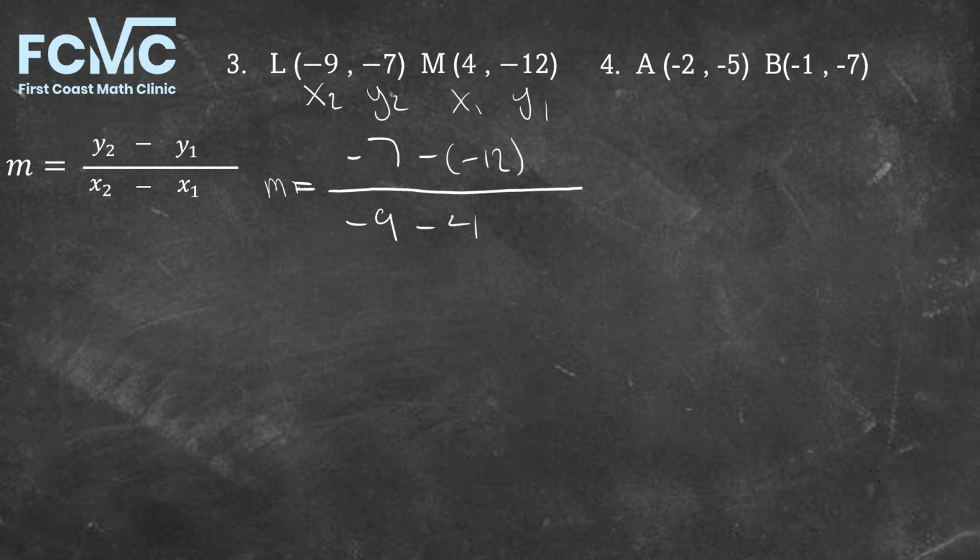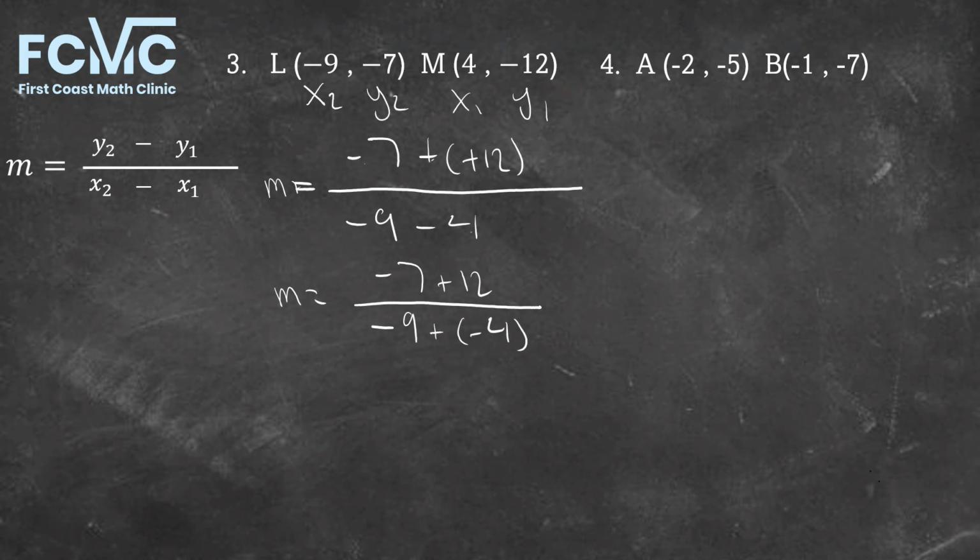Let's rewrite our numerator. So keep change, change, so it becomes plus positive. So we're going to negative 7 plus 12. And our denominator is going to be keep change, change as well. So plus negative 4.